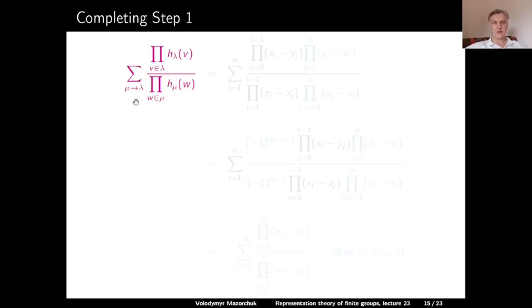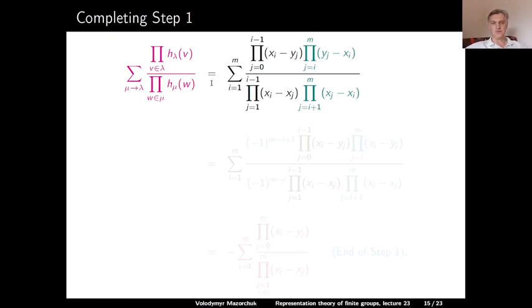So the expression which we want, the sum over all mu arrow lambda, in the numerator, the product of the hook lengths of all boxes in lambda, divided by the product of the hook lengths of all boxes in mu, is equal to the sum over all i from 1 to m. So this simply indexes all mu, which are obtained from lambda by removing a removable node.